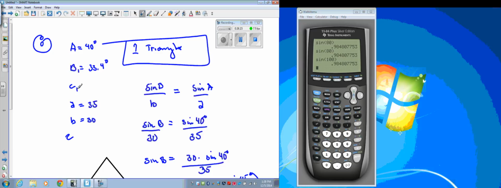Then this C1, if this were the case, this would be 173.4. So this angle would have to be what? 102.6. Is that right? This should be 106.